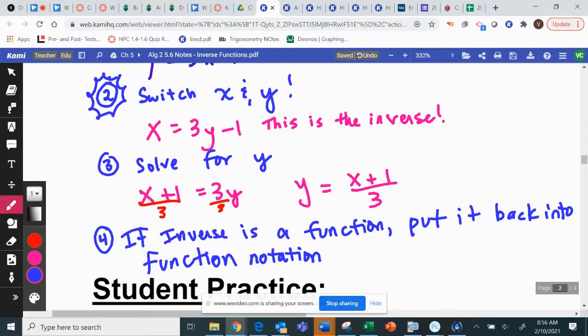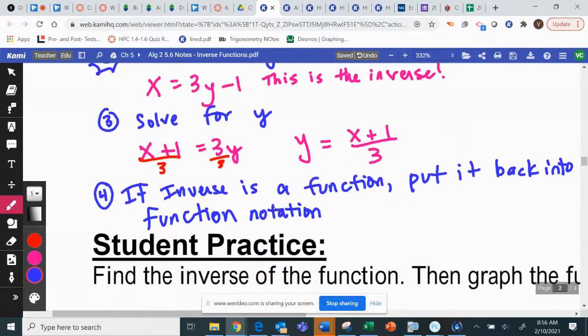So function notation is that f of x instead of y. But here's a special symbol that you might see that means this is the inverse. Instead of just f of x, it's going to have a special symbol on that f. It looks like an exponent. It is not an exponent, but it looks like an exponent. It stands for inverse.